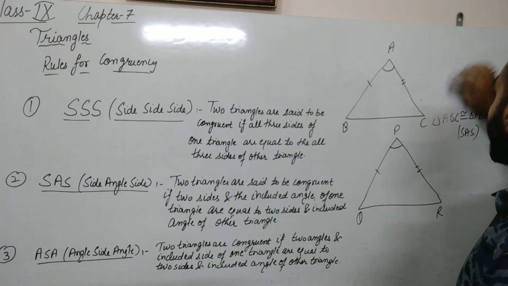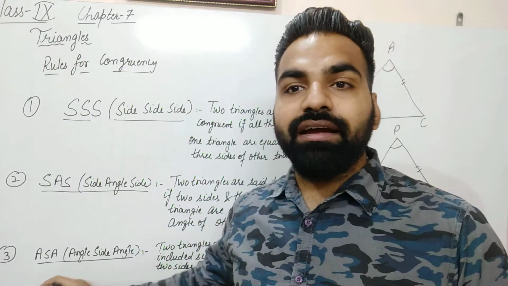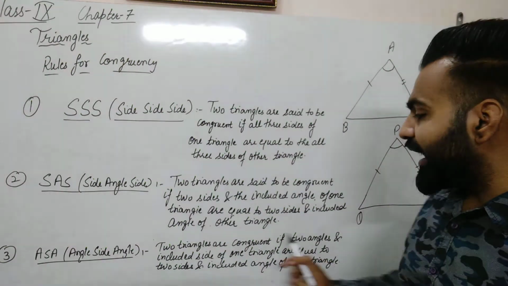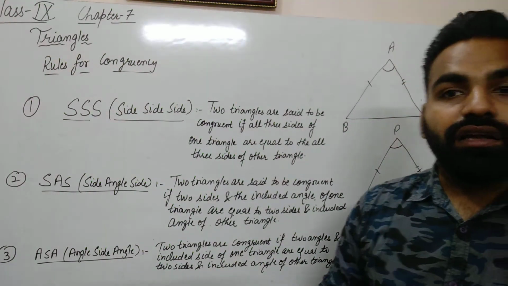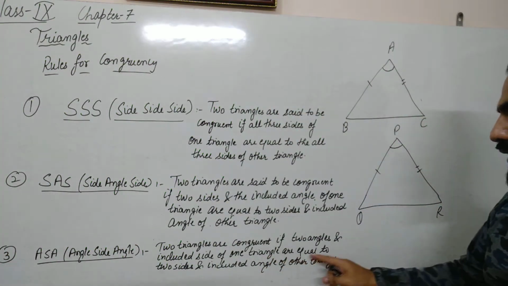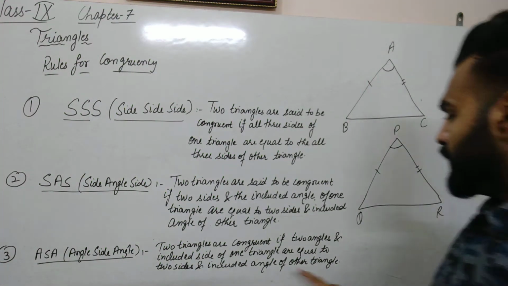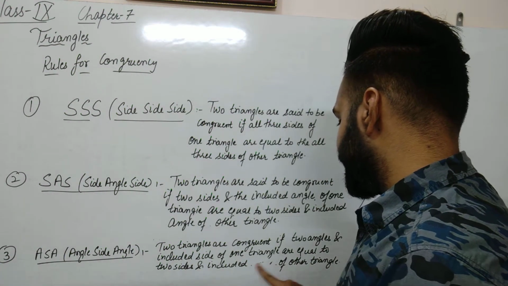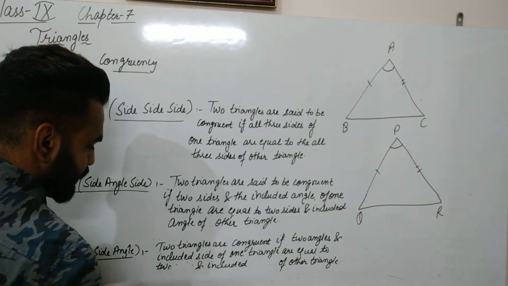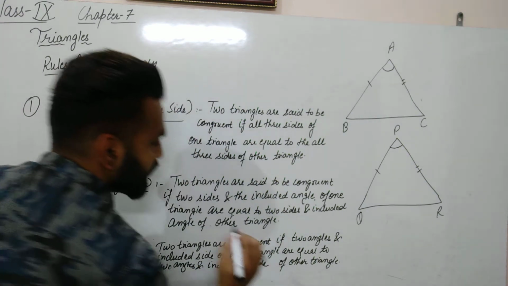Now we will study the third rule, ASA, that is angle side angle. Two triangles are congruent if two angles and the included side of one triangle are equal to two angles and the included side of the second triangle.